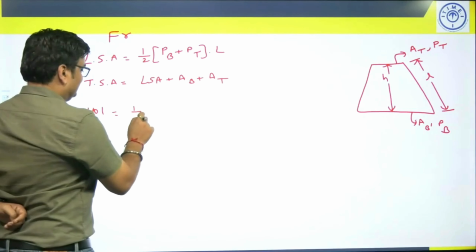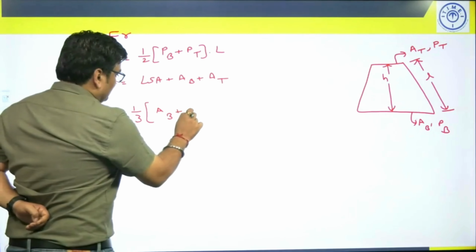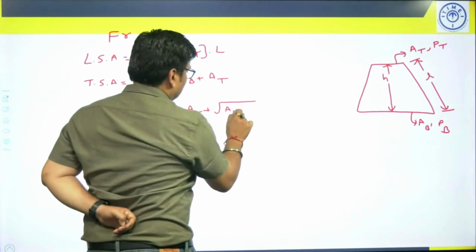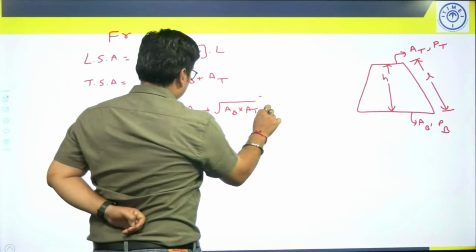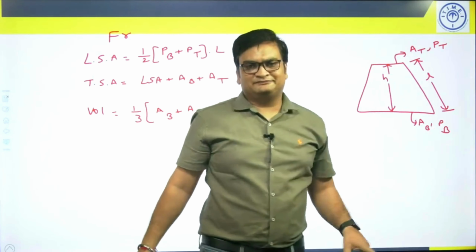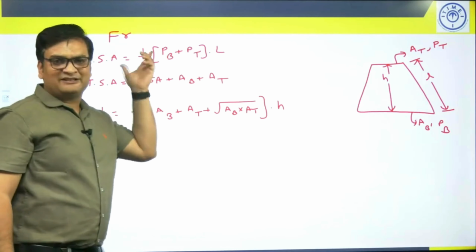Volume 1/3, area of the base plus area of the top plus square root of area of the base into area of the top, into height H, height of the frustum. So this will give you the volume, this will give you the lateral surface area.